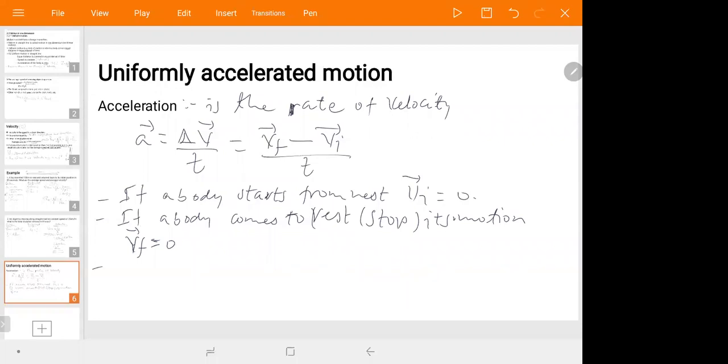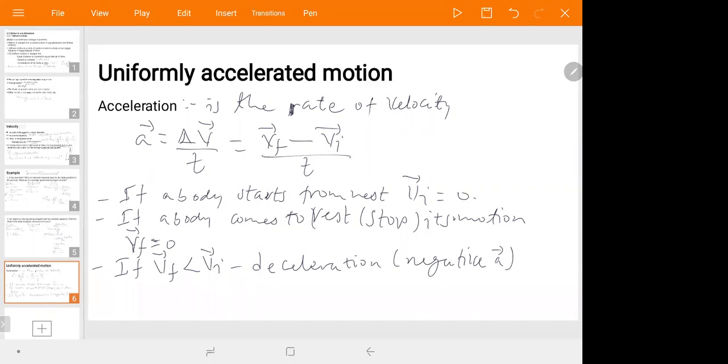Again, if final velocity is less than initial velocity, this shows deceleration, or negative acceleration.